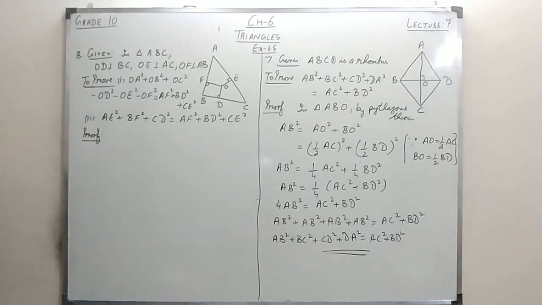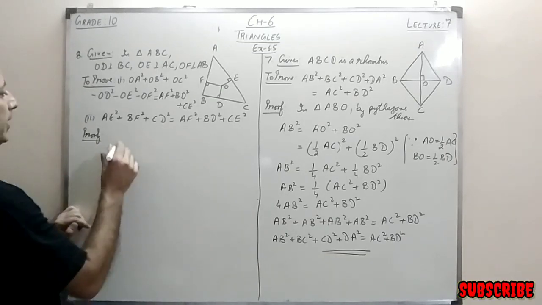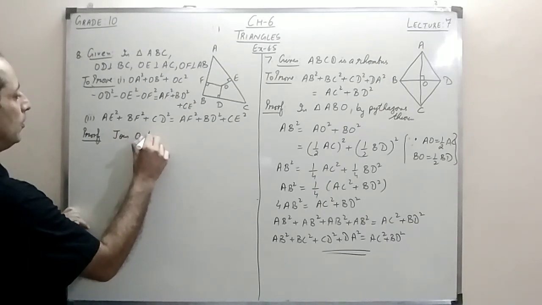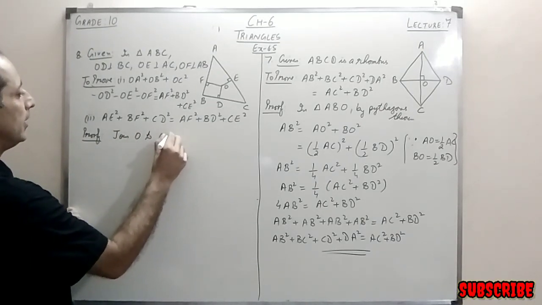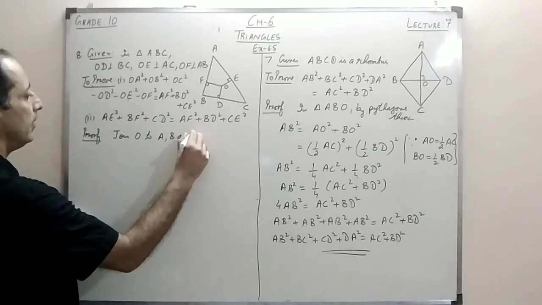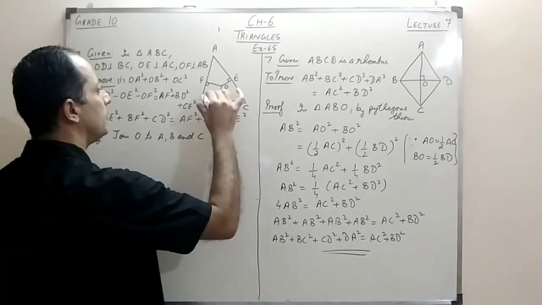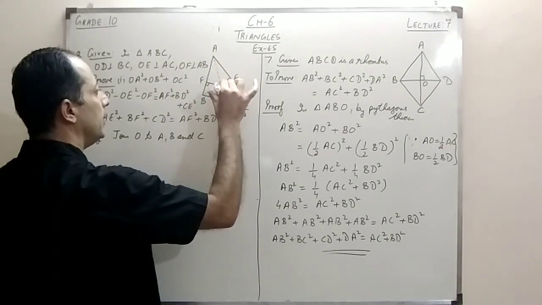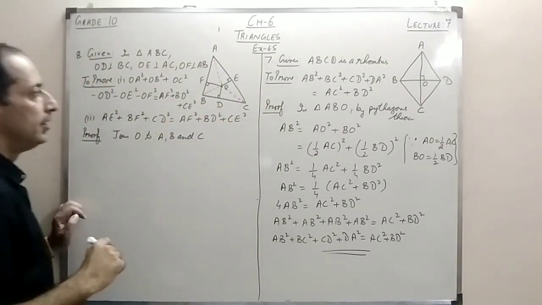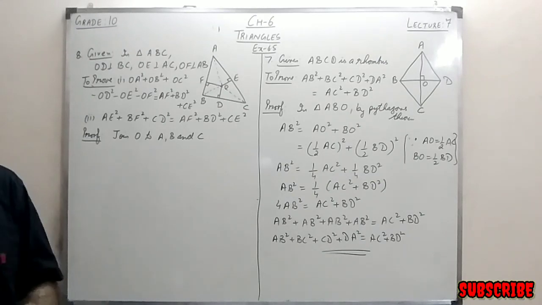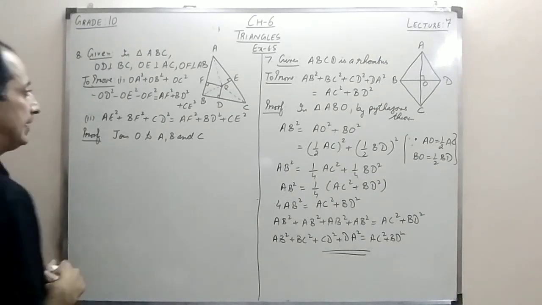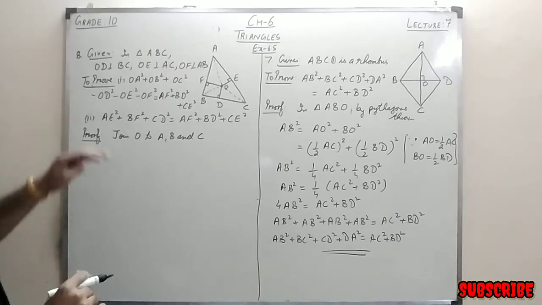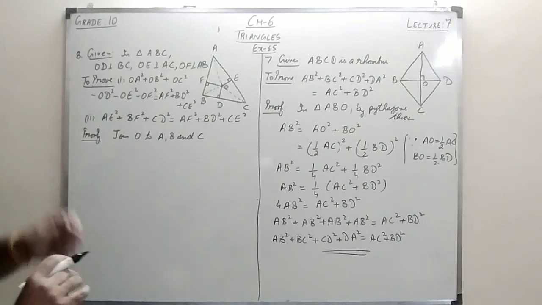We can also do a small construction. In the proof we can write: join O to A, B and C. So we join this point to A, B and C. Now if you see carefully, we have 6 right angle triangles, but we require 3 at a time for proving the first part.